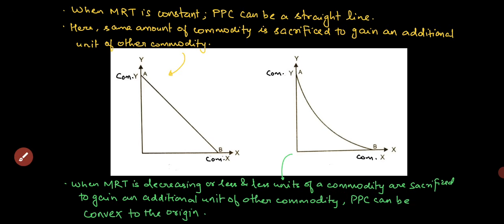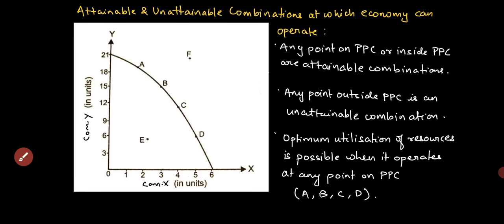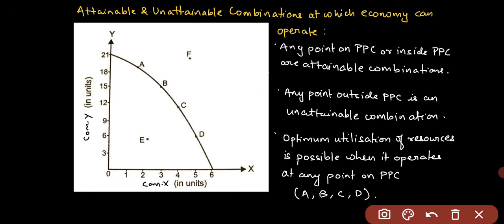Next, you see what is given here. We are discussing attainable and unattainable combinations at which the economy can operate. By using the resources efficiently, we can produce the combinations A, B, C, D, or this or this, by efficient use of resources and technology.